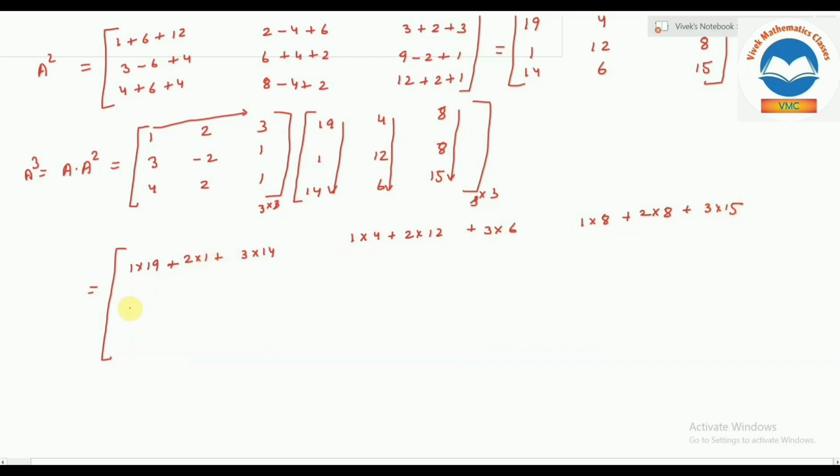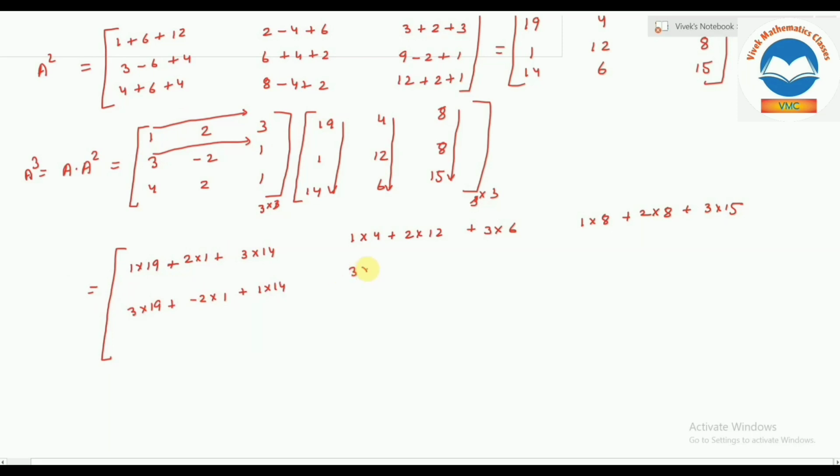Next we need to find the second row. We will multiply the second row with the first column. So second row, first column. So what will we get here? You will get 3 into 19 plus minus 2 into 1 plus 1 into 14. Next A22, it means second row, second column.